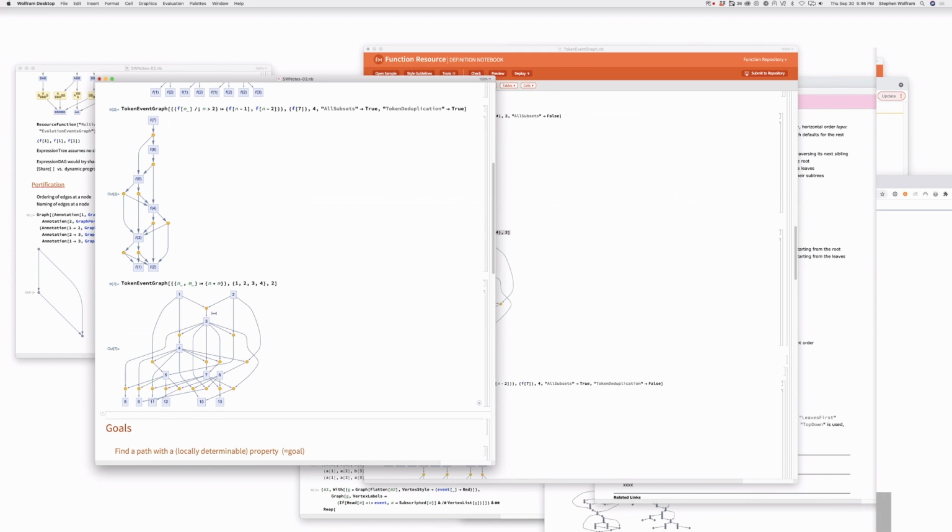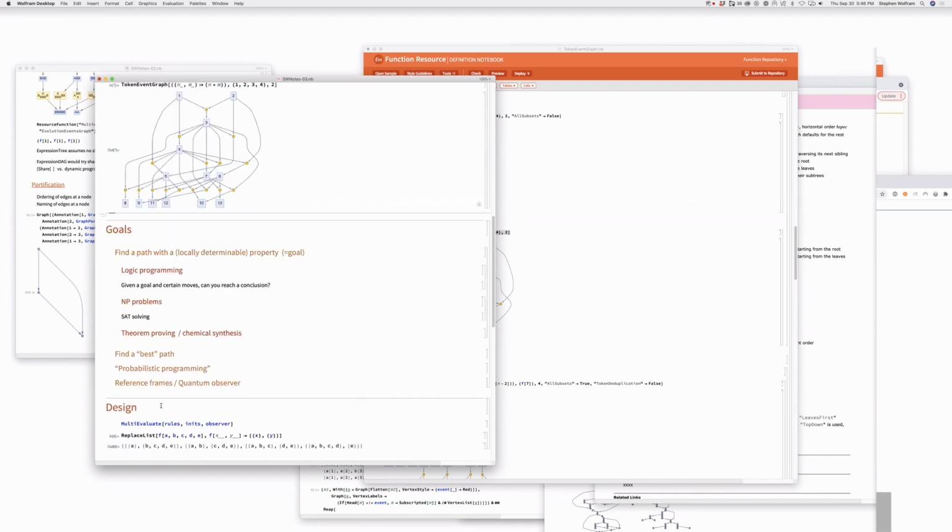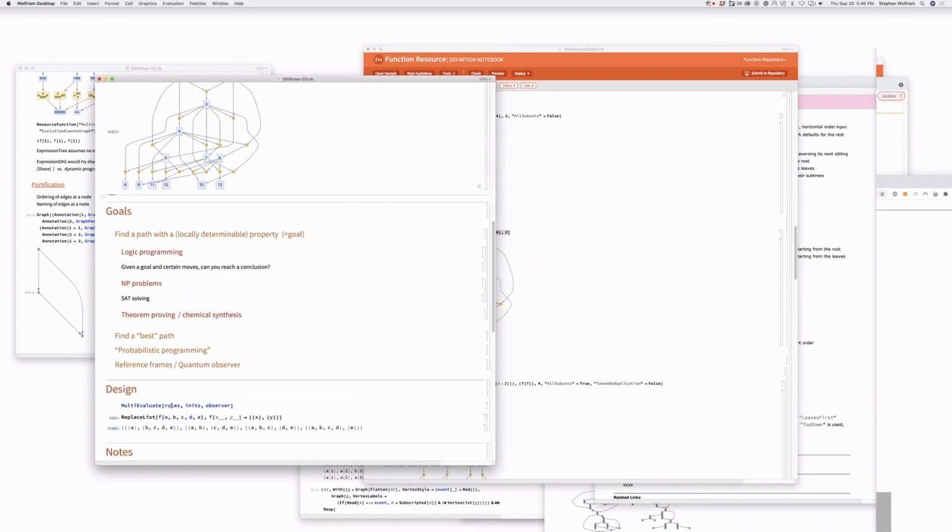And in general, what should happen here is that we're going to say these are the states, and in general, these rules will say, well, let's see. Yeah, this is the issue.